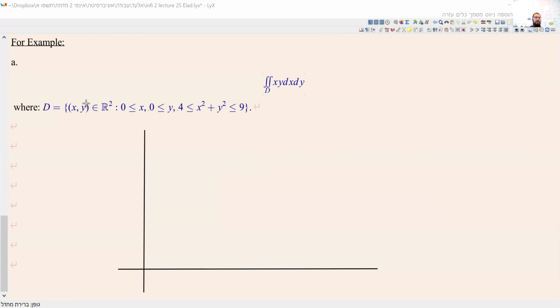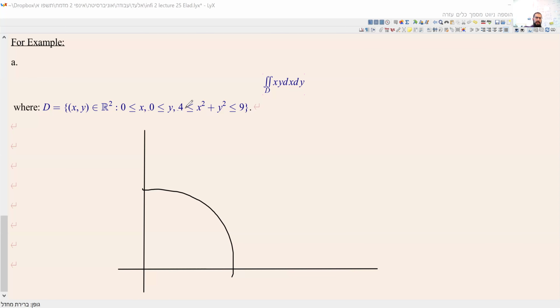Let's see. Calculating the integral. I look at the first quadrant because x and y are not negative, and we know, and if we don't, it's time to know that x squared plus y squared equals 4 is the circle of radius 2, because x squared plus y squared is r squared.